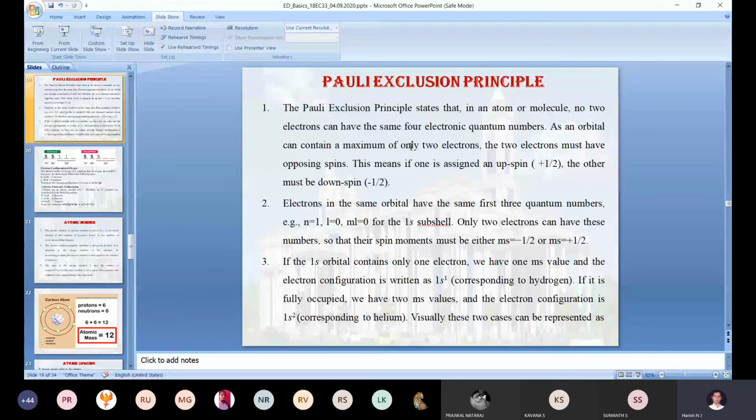One electron has positive spin, plus 1/2, and the other has negative spin. Is it clear? We get this information from the Pauli exclusion principle.